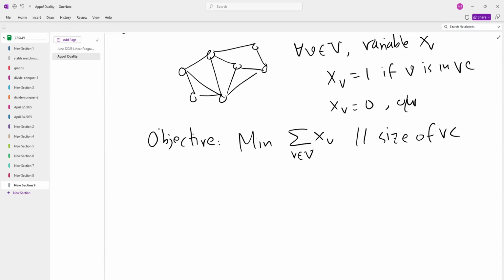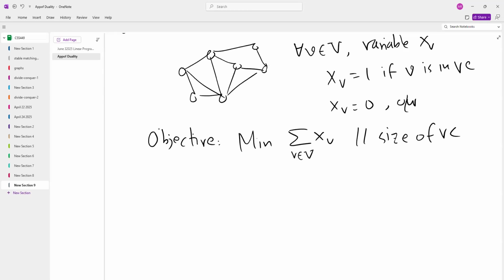So if you have variables for vertices, our constraints will be on edges. So for a vertex cover, what is the constraint on the edges? The constraint is that every edge has to have at least one vertex that's one of the covered vertices.